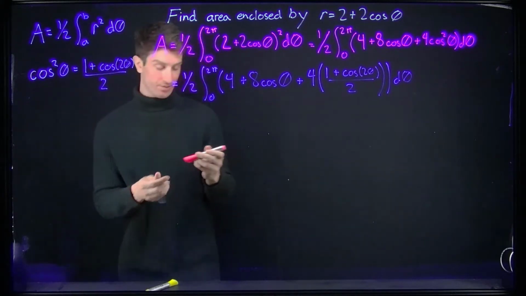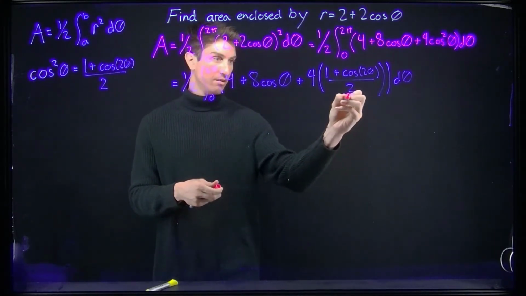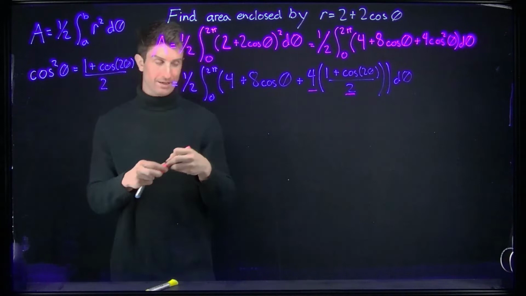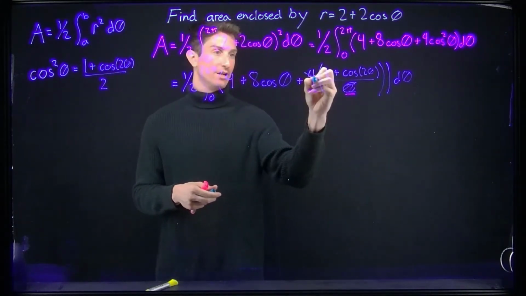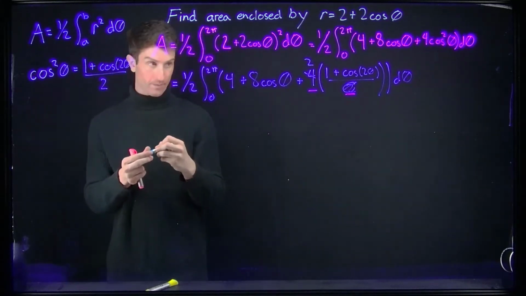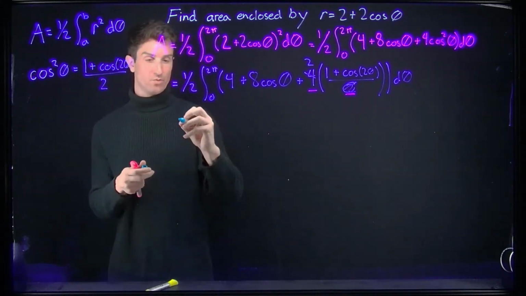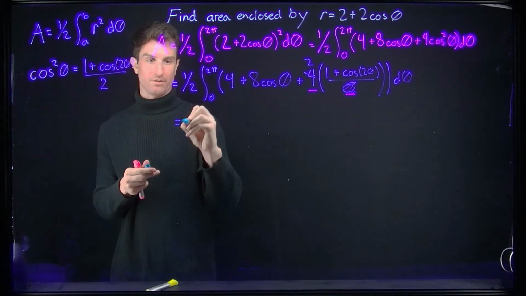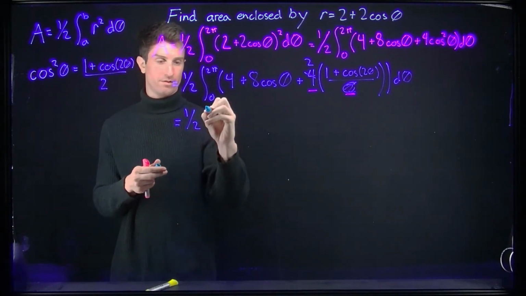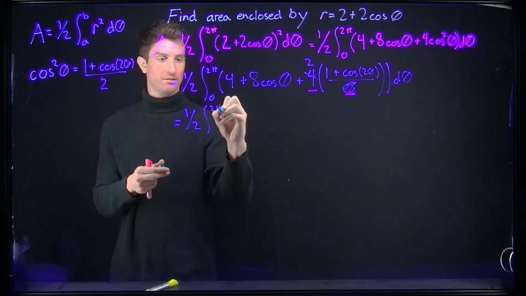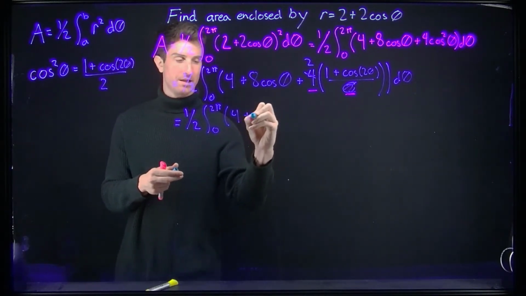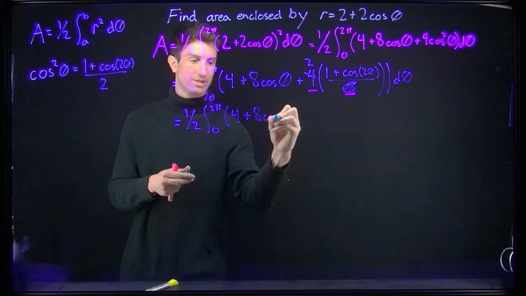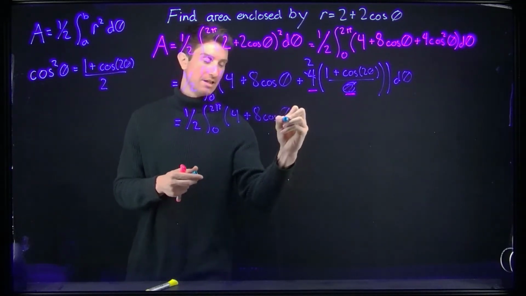And what do we notice? This 2 and this 4 are going to cancel each other out. Well, the 2 will cancel out and this will become a 2. We'll just keep doing some more algebra. We haven't reached the calculus yet. 1/2, integral from 0 to 2 pi, of 4 plus 8 cosine of theta.